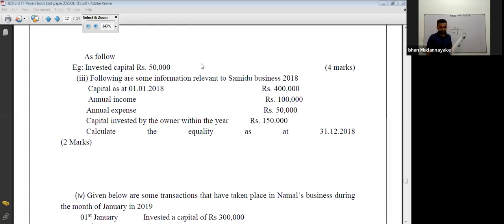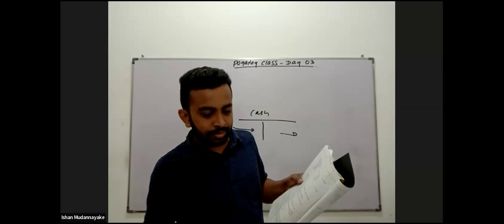Closing equity balance. Students, don't cram anything here. Try to get the idea of the accounting equation. In the accounting equation, to the equity, we add income.